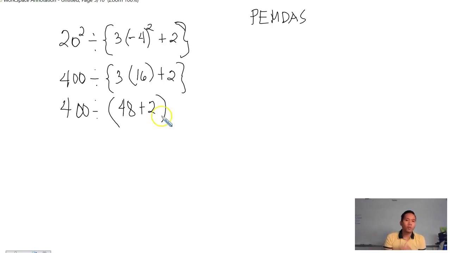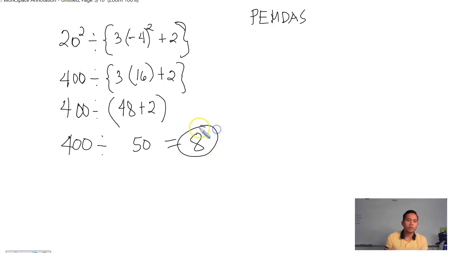So we have 400 divided by 48 plus 2, which is 50. Maybe I can just remove the parenthesis. So that's 50, and our answer is 400 divided by 50, which is 8. So that is the ruling on PEMDAS.